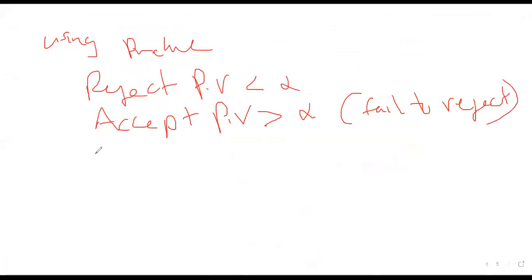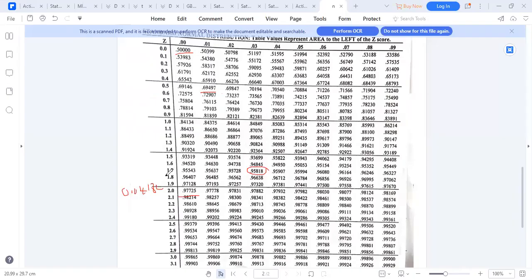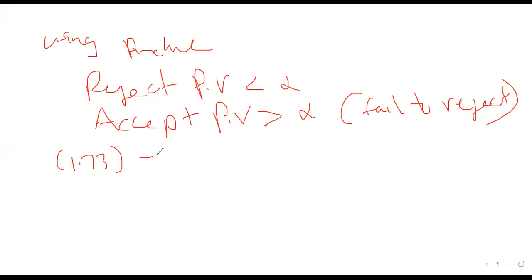So now, when we go to 1.73, we check it in the table. We go under 1.7, 0.03, and we get 0.9582.